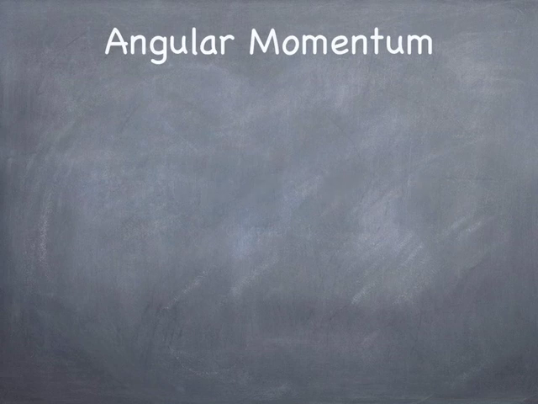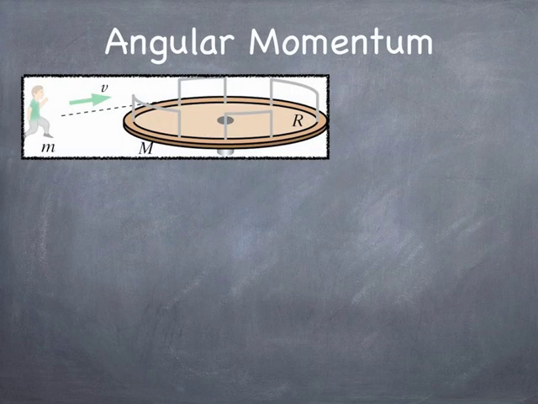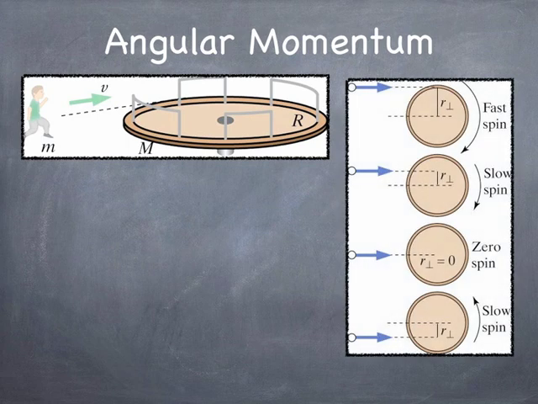I want to begin by describing a situation in which a child runs toward a merry-go-round and hops on the merry-go-round, and the merry-go-round spins. What we discover is that for a given velocity and a given mass, if he runs in such a way that he hops on at the rim of the merry-go-round, it spins fast in the clockwise direction.